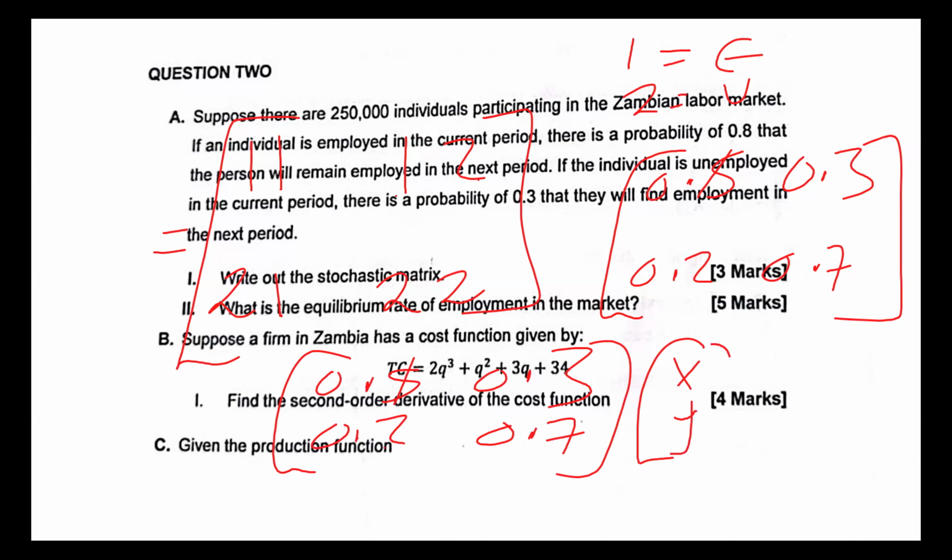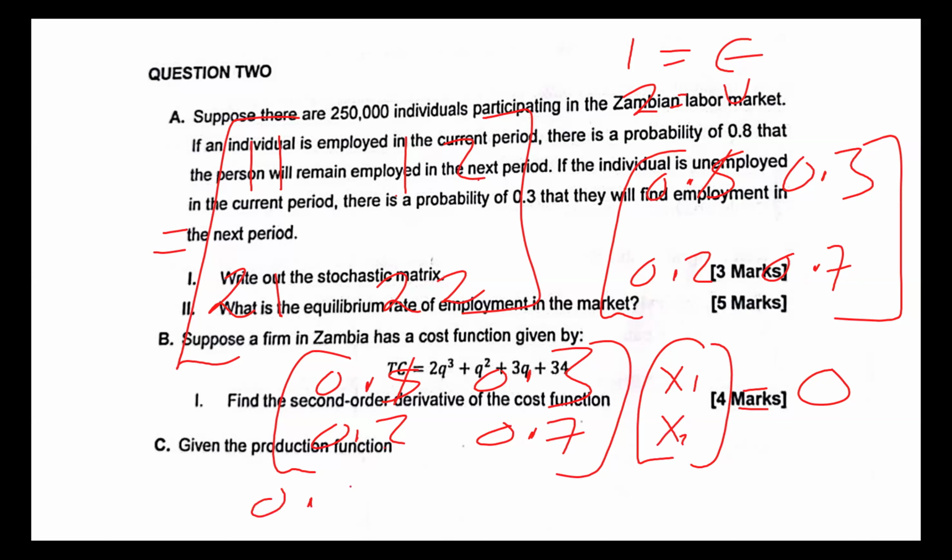You remember now, right? Multiply. Actually, you can just say this is the X1 for employment, right? X2 for unemployment.